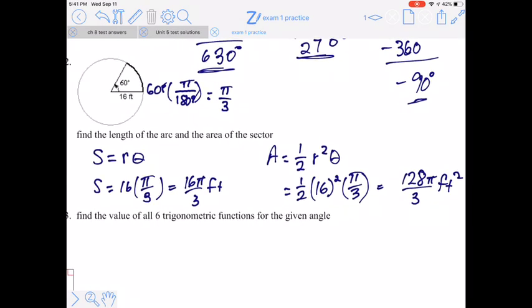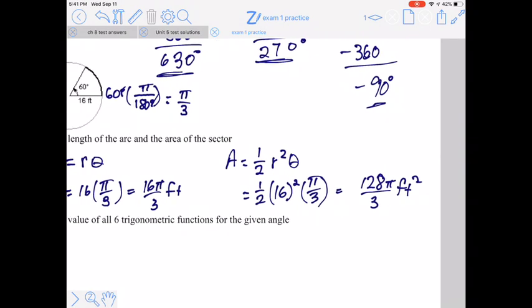What's pi? There was a formula in the book. It was like pi times the radius times theta. I saw that as like the area or something. I'll have to pull it up.